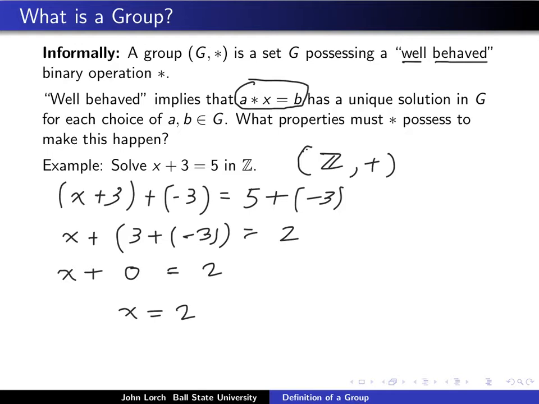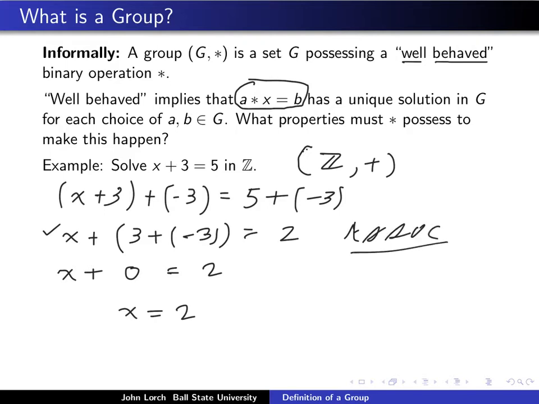And now we should keep track of the things that we needed to do in order to solve this equation. The first thing that we did is we did some regrouping. In this step right here, we did some regrouping, and that means that we applied the associative property.